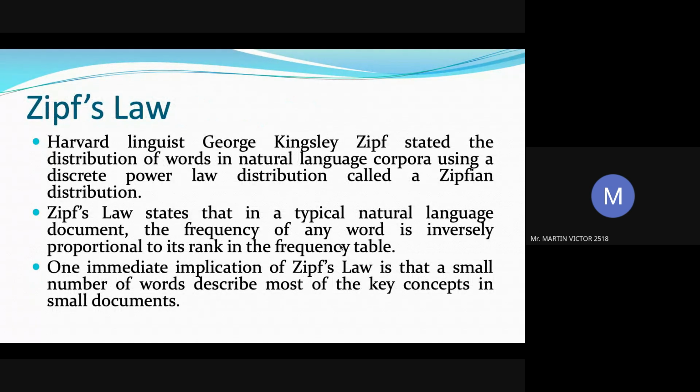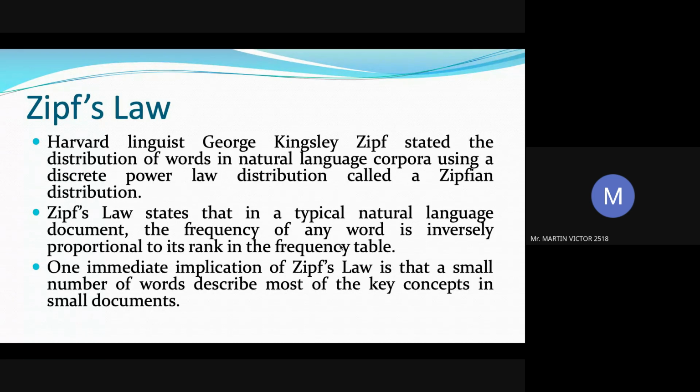Now there is one law called Zipf's law. The person here is George Kingsley Zipf. He is a linguist, which means he is a master in languages. He stated the distribution of words in natural language corpora using a discrete power law distribution.